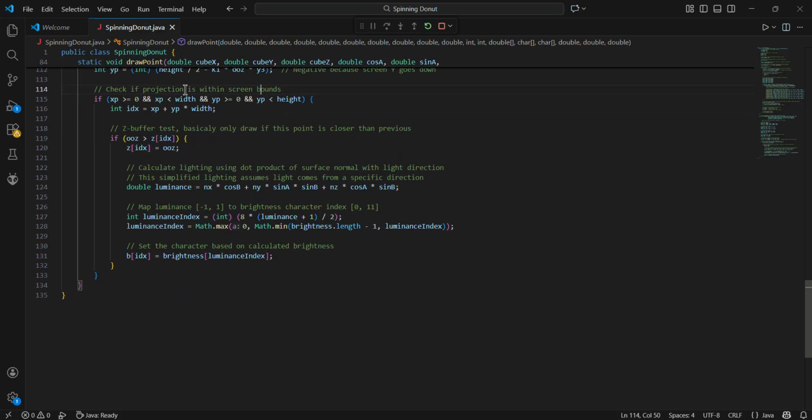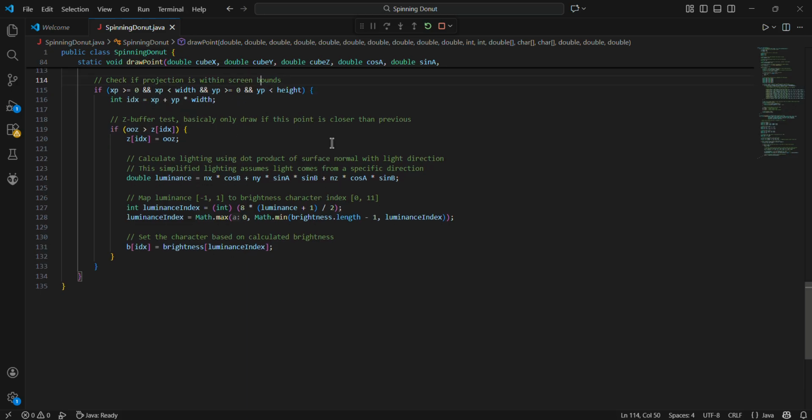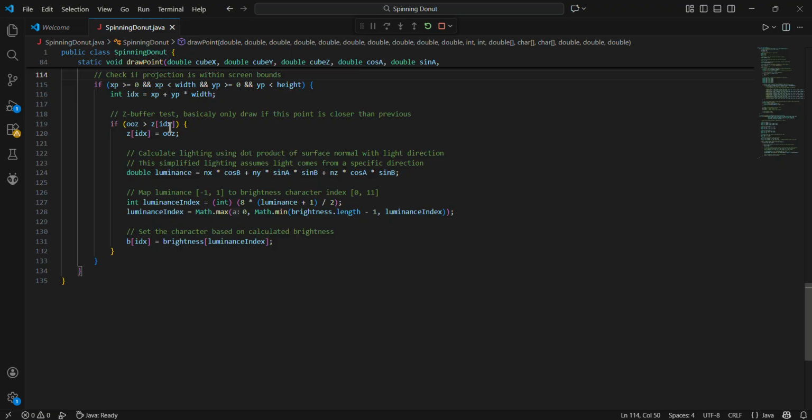Anyway, finally, we have a simple check here to make sure that it is within the width of our screen, because if it wasn't, we wouldn't be able to render it properly. And then we have a z-buffer test. What a z-buffer test does is we're saying, hey, is this point actually closer than the previous ones? That allows us not to render the incorrect stuff.